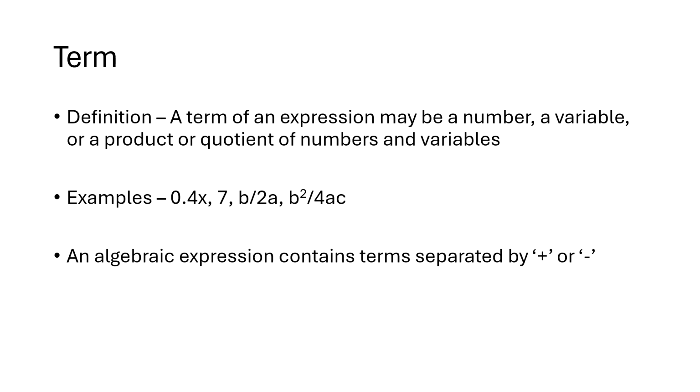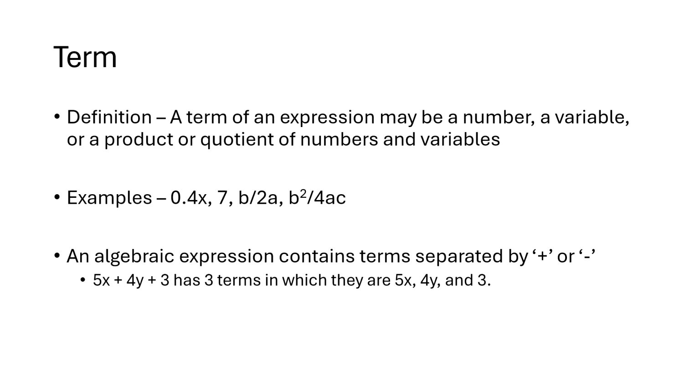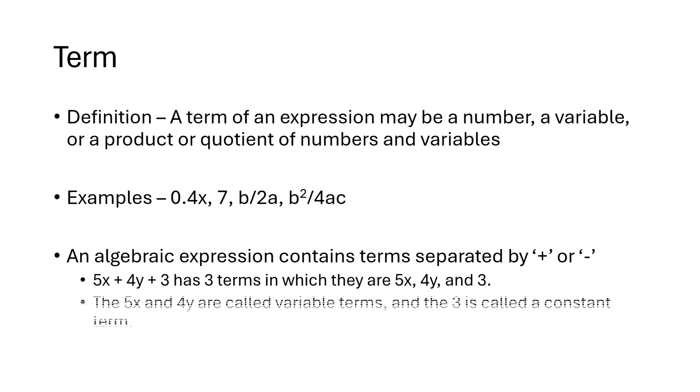An algebraic expression contains terms separated by plus or minus. 5x + 4y + 3 has 3 terms: 5x, 4y, and 3. 5x and 4y are called variable terms, and the 3 is called a constant term.